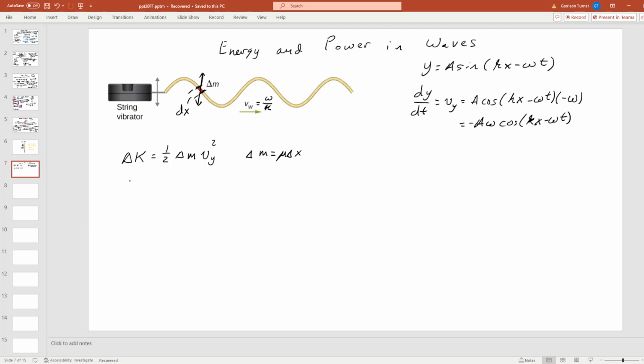So delta K is going to be 1/2 times mu times delta x times Vy squared. And if we let, in the limit, delta x go to 0, this becomes a differential, not just a delta.